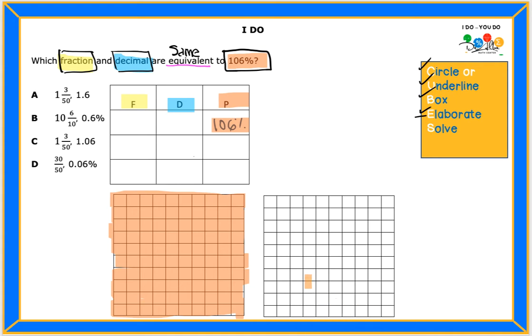Hold on, but this is 106%. What does that mean? That we have to shade in 106 little squares. So here will be 1, 2, 3, 4, 5, 6, up to here. There. That is how 106% looks like.